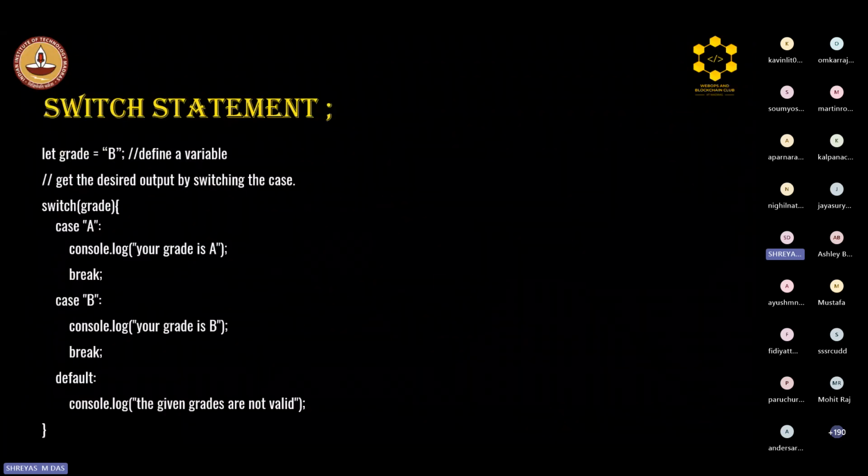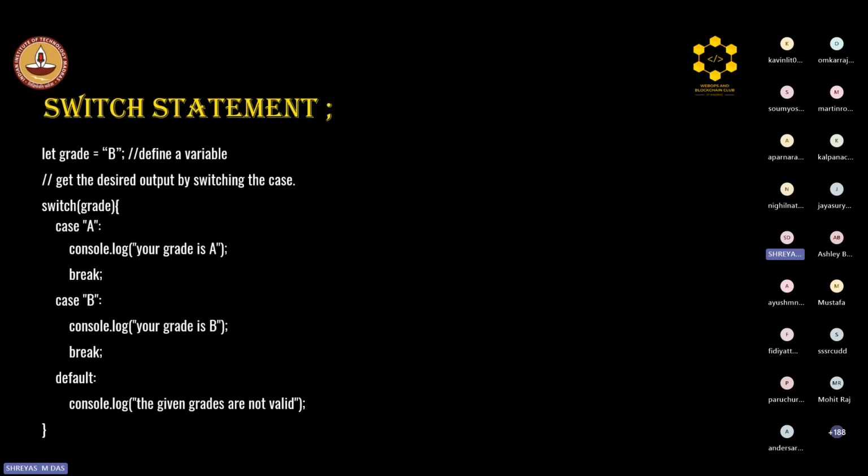And the next thing, switch statement. The switch statement is somewhat similar to this, and it works exactly like an if statement. So let me define the grade as B, and then I'll switch on my cases to get the desired output. I'll write case A. It will check if the grade is A. If the grade is A, then it will print the corresponding output, your grade is A, and then it will break.